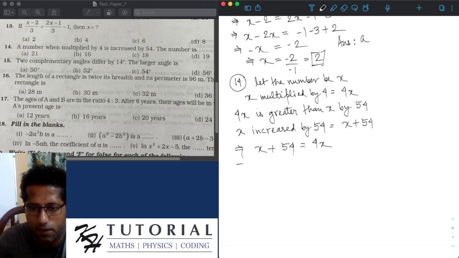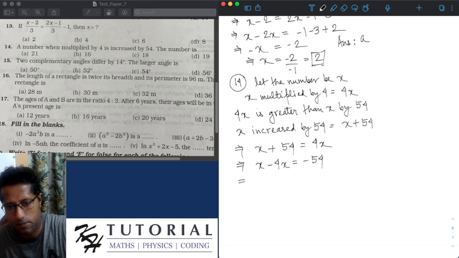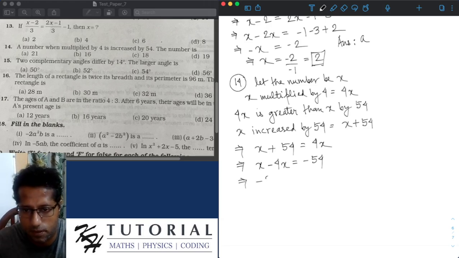From here, if we bring the x terms, variable terms, to the left hand side and the constant terms to the right hand side, we get x minus 4x equals minus 54. This implies x minus 4x is minus 3x. Minus 3x equals minus 54.